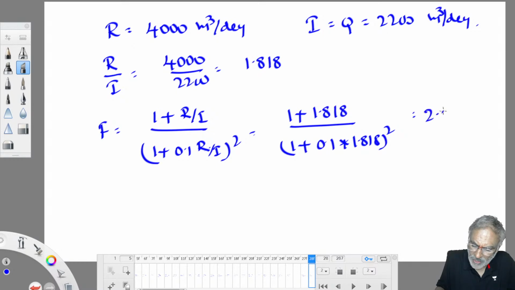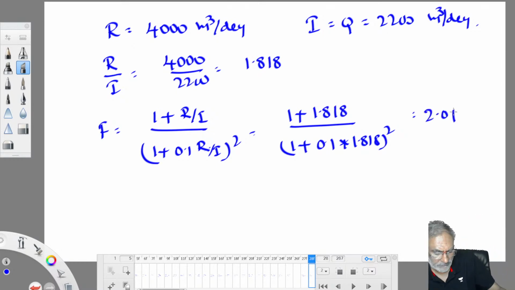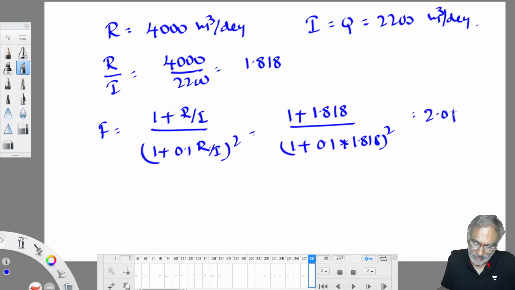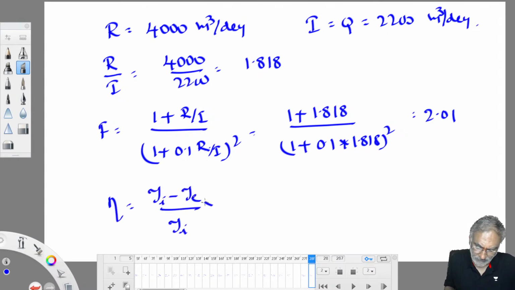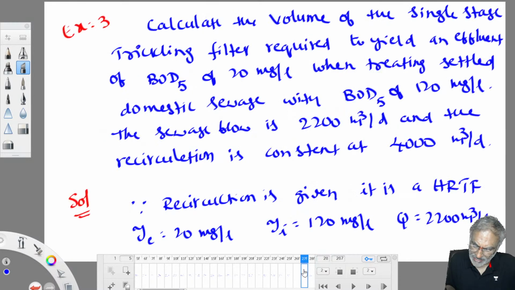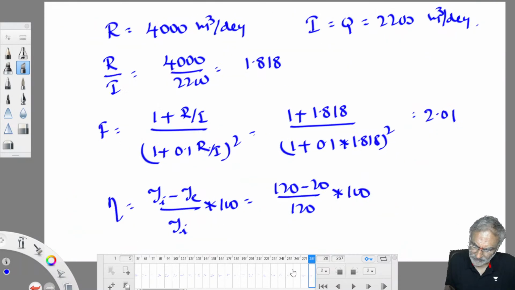So it is 2.01. So then you can apply the efficiency formula. Yi is given, Yi is given.